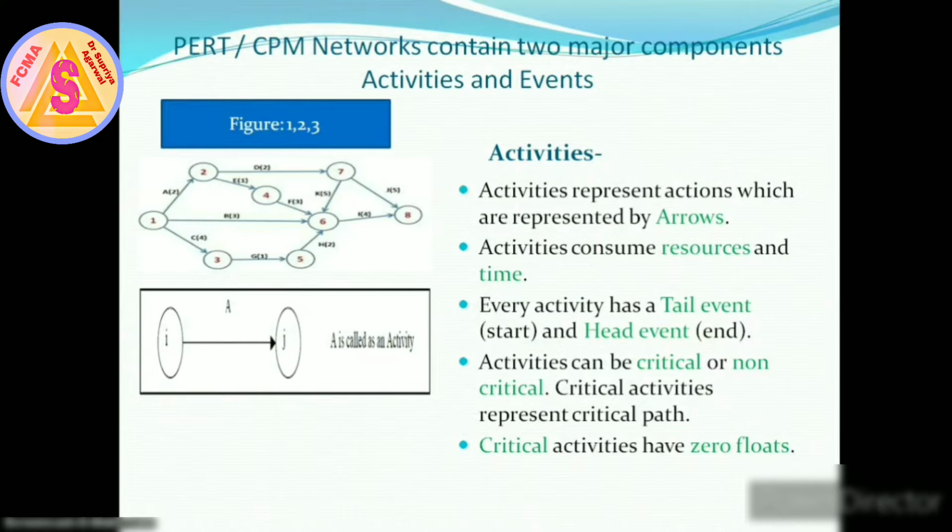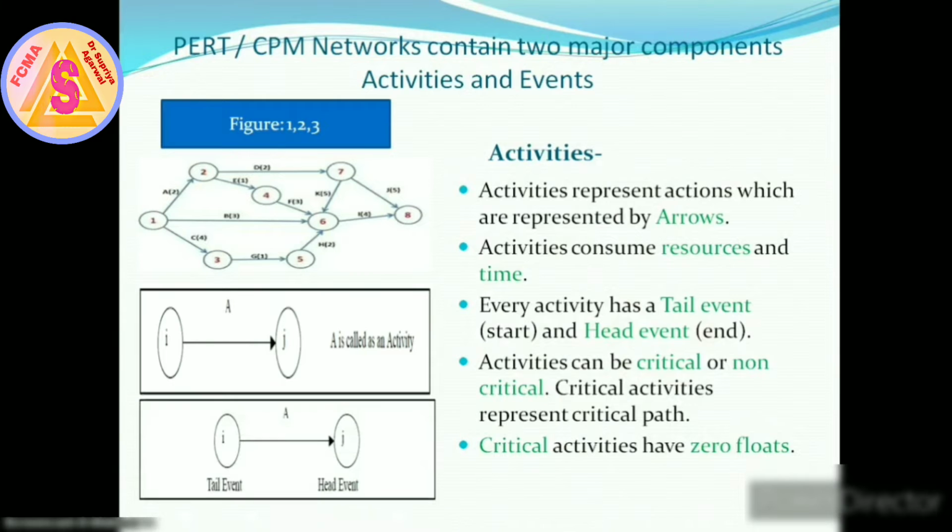Now in figure 2, activity A is represented by the arrow. The arrow has a tail event and a head event. The tail event is represented by I and the head event by J. These activities consume time and resources. As you can see in the network diagram, activity A consumes 2 days, activity B consumes 3 days, I consumes 4 days, and so on.